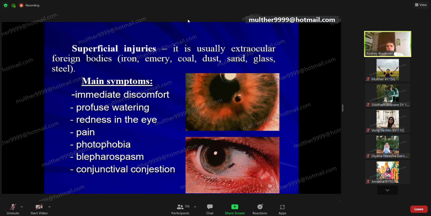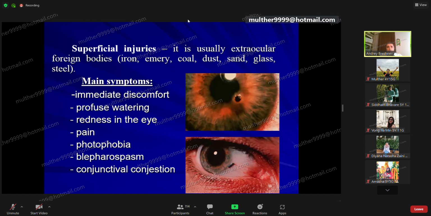But it's necessary to be very careful, because sometimes several types of chemical substances in contact with water can increase the degree of chemical burn. So in all cases, before you start to remove the foreign body, try to understand what kind of foreign body you see, and then think what is the best way to remove it.